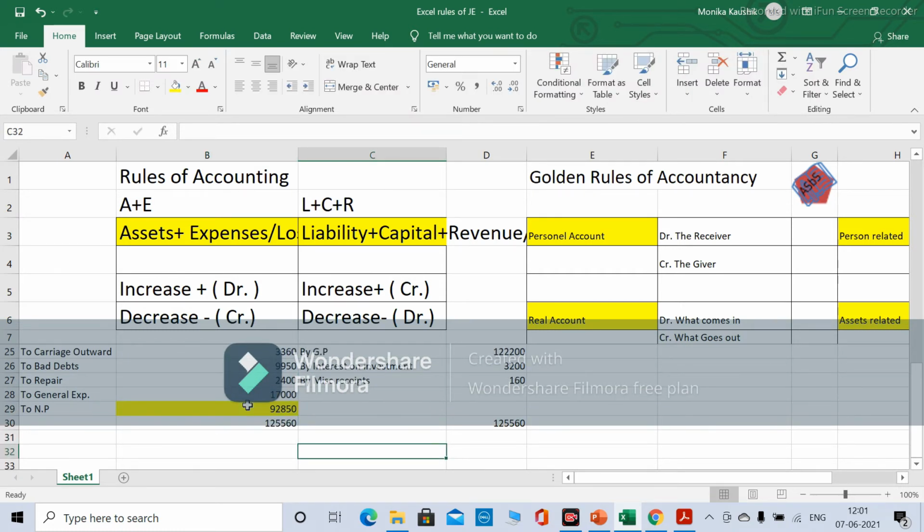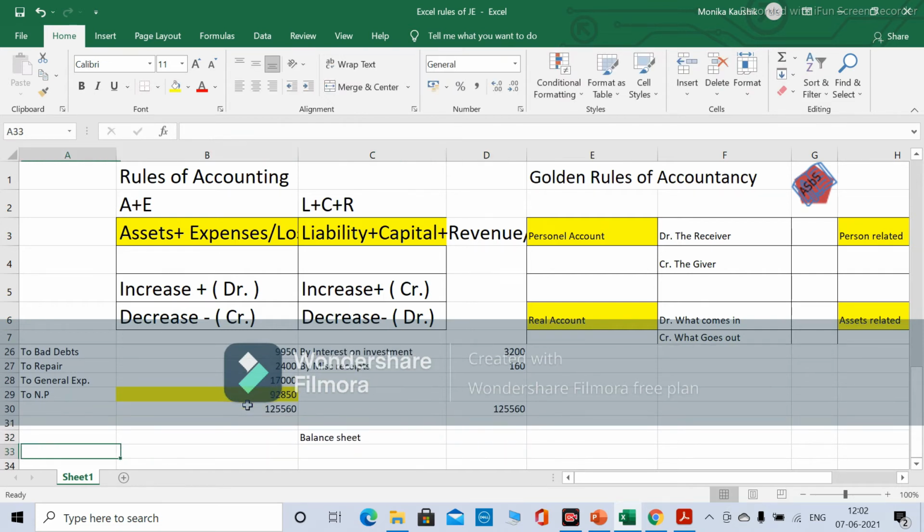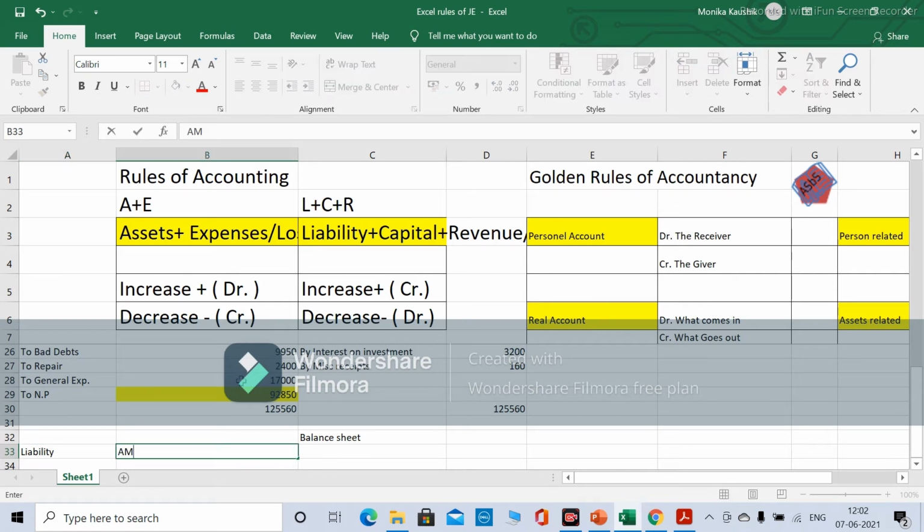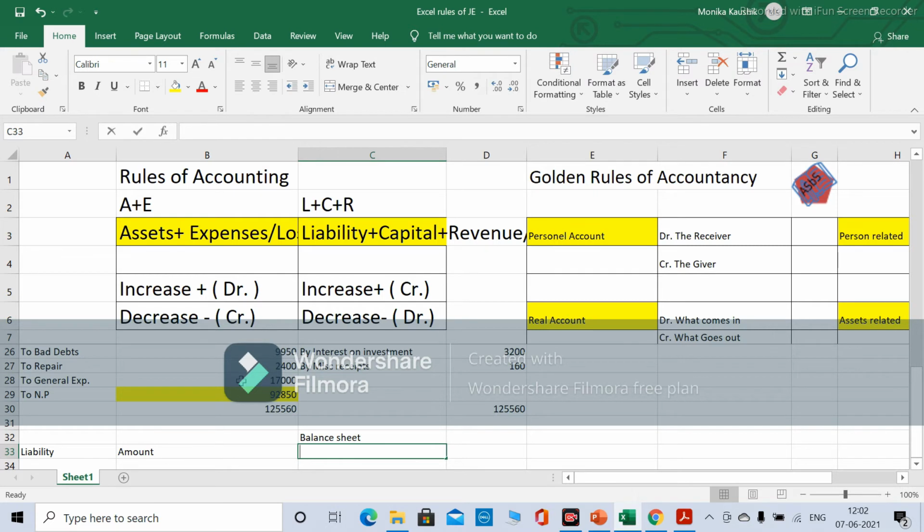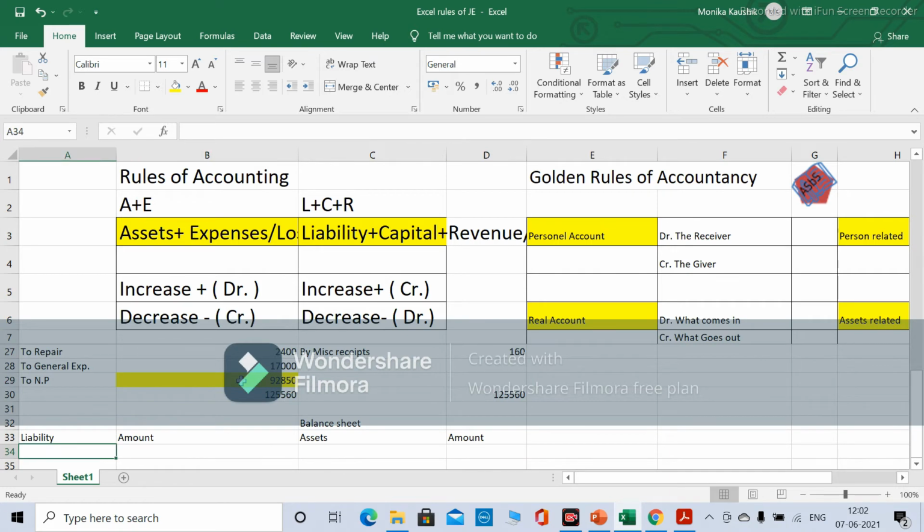Now let's quickly prepare the balance sheet. Here all the liabilities will be covered. Assets will be the debit balance. Okay. So, first of all, let's calculate the capital portion.